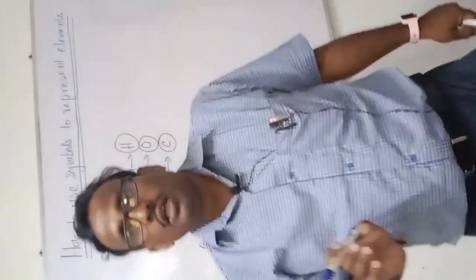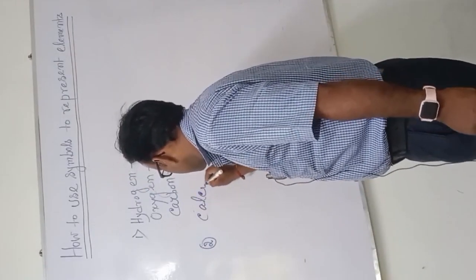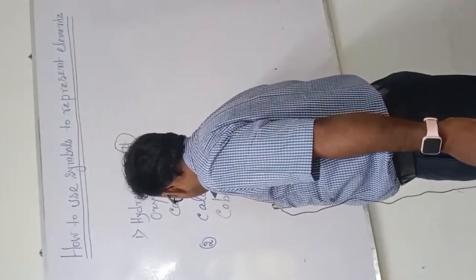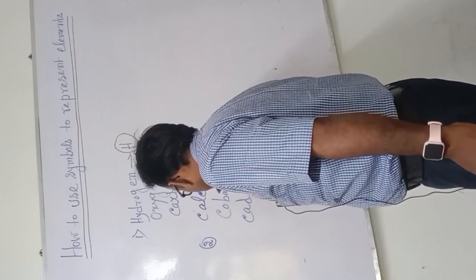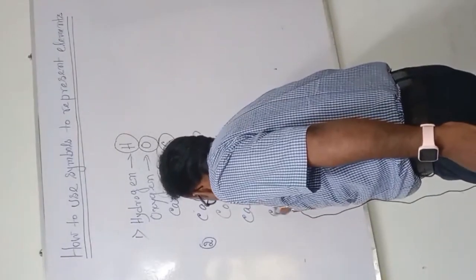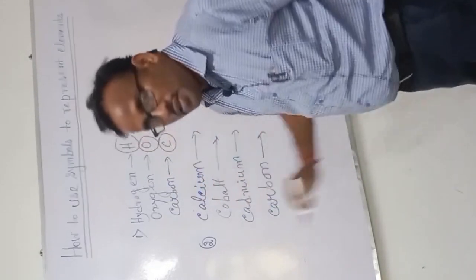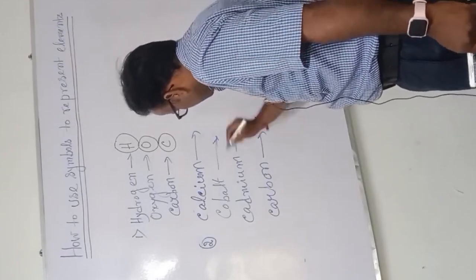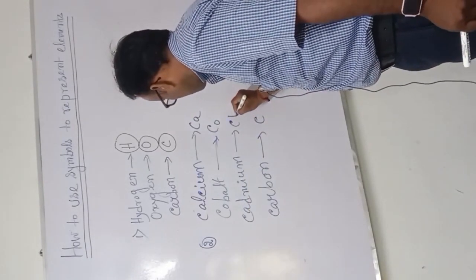The second rule: some elements have the same first letter. For example, calcium, cobalt, cadmium, and carbon. The first letter of carbon, C, is used for the symbol C, but calcium is Ca, cobalt is Co, and cadmium is Cd.